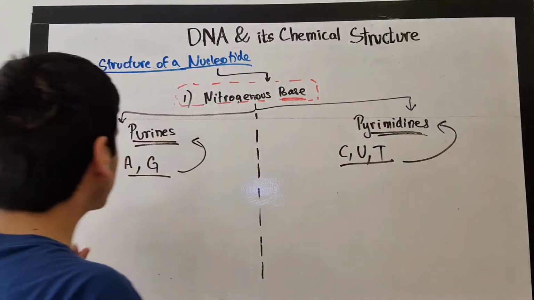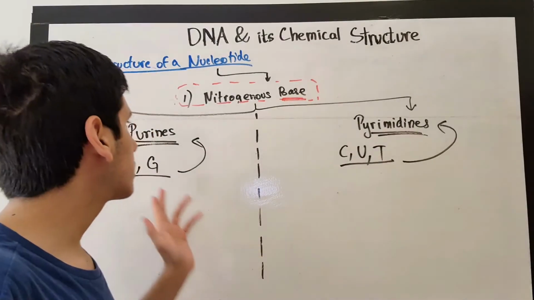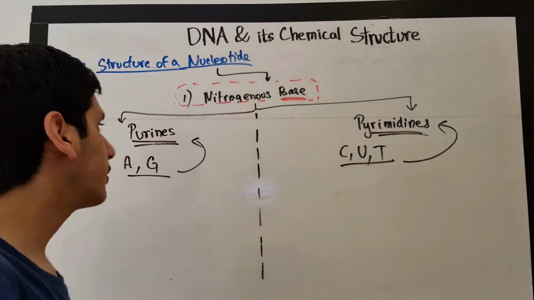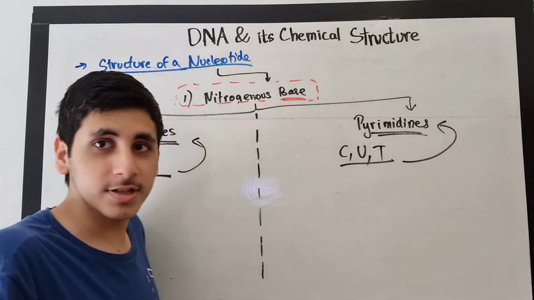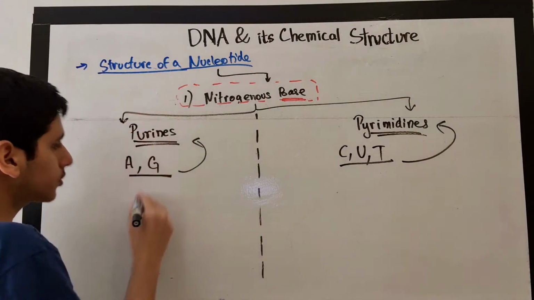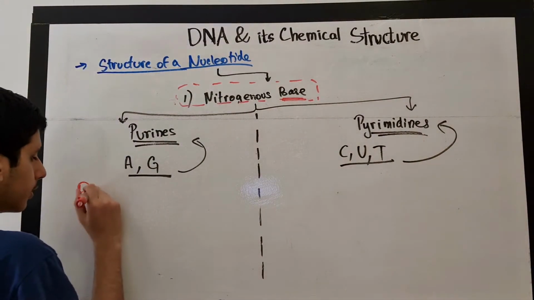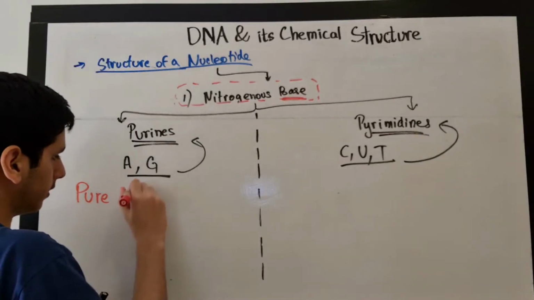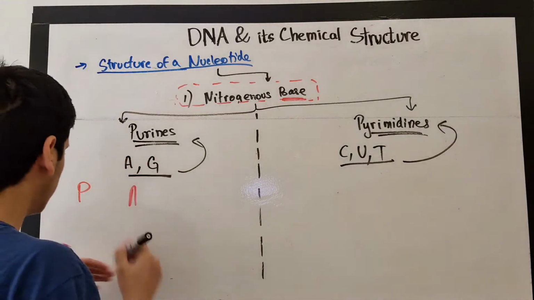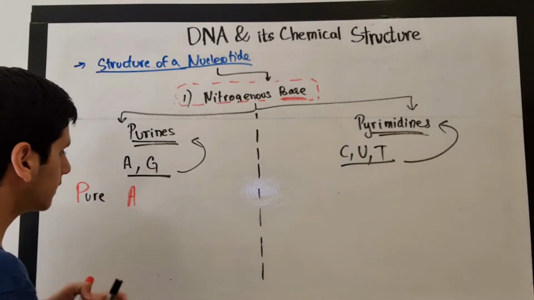If it's difficult to remember which base is a purine or a pyrimidine, there's a mnemonic. For purines, the mnemonic is "pure as gold." I'm going to write that in red, color coding the essential letters.